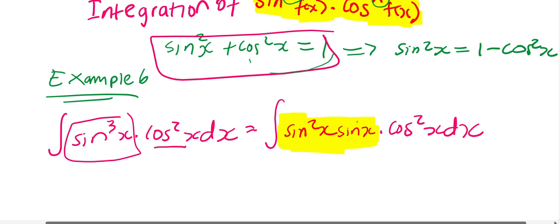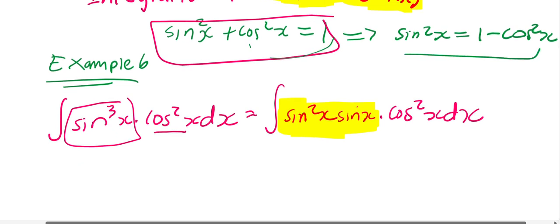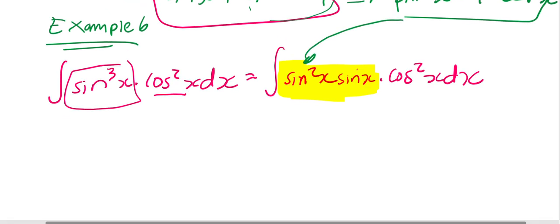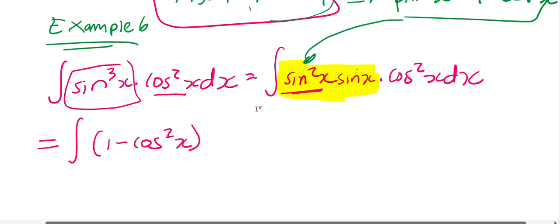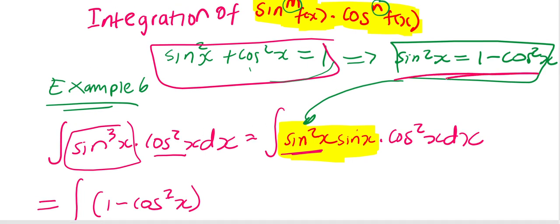We just took cos to the other side. So let's apply it there. Now this will be equal to the integral of 1 minus cos squared x, right? This part we have replaced with this identity.